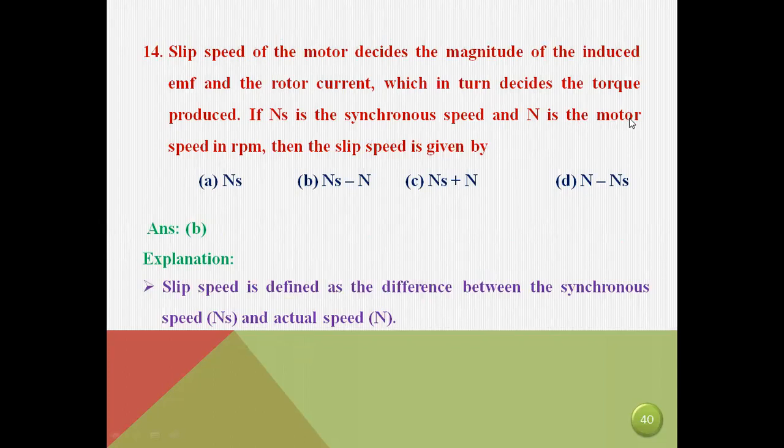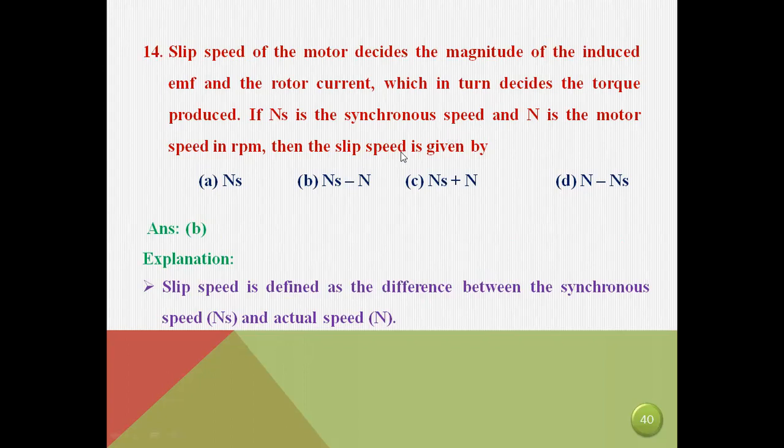They have given here motor speed, but you can say motor or the rotor speed because we are aware about the construction of motor. Motor main parts are nothing but rotor and the stator. Stator is stationary, so speed only will come for the rotor. So you can say N as the motor speed or a rotor speed. There will be no difference.